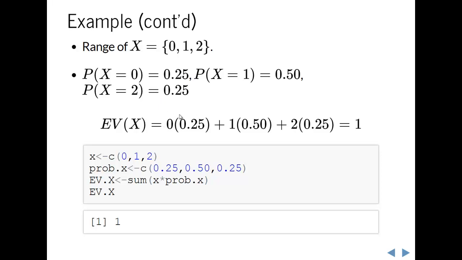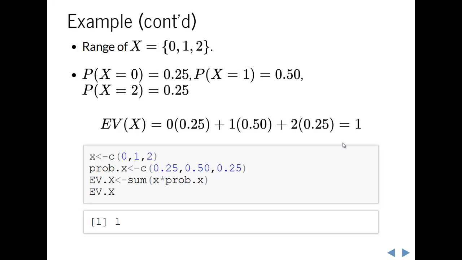So we would take the value 0 times the probability that x is 0, which is 0.25. And we would add that to the next value that x can assume, 1, multiplied by the probability that x is 1, and so on and so forth. So the expected value of the random variable x is 1. Not terribly surprising based on our analysis in the previous slide.